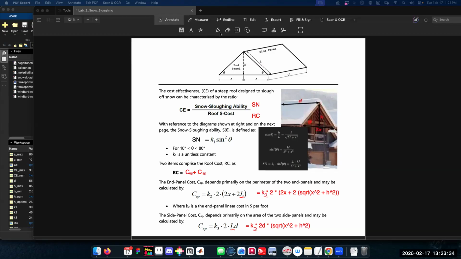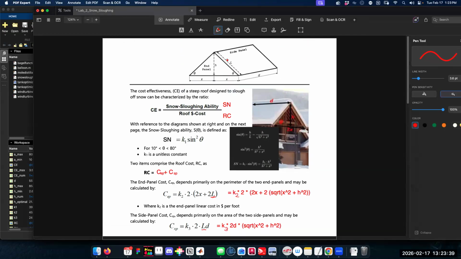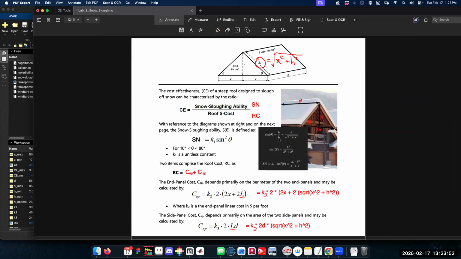From just the Pythagorean theorem. So L is the same as the square root of x squared plus h squared. Every time we saw L in here, we also replaced it. So we end up with K1 h squared divided by h squared plus x squared, bringing in the K1 from the equation for SN.